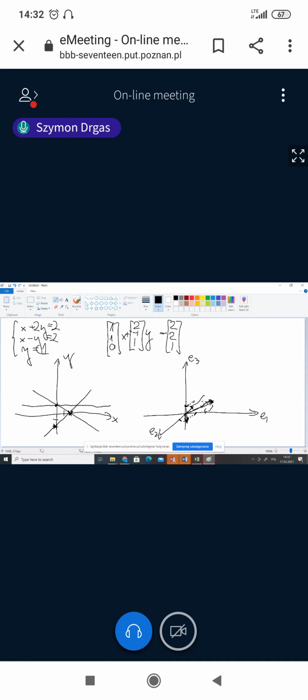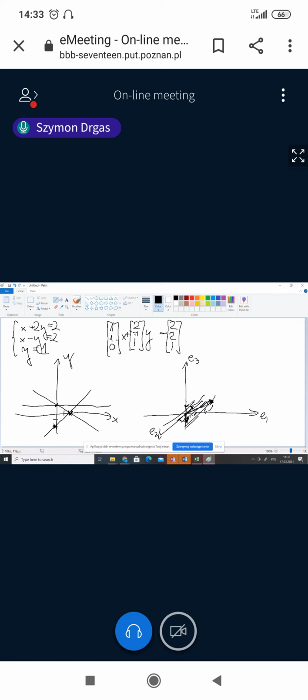All linear combinations of these two vectors cover a plane in this three-dimensional space. And this third vector, 2, 2, 1, is outside this plane. It is in this three-dimensional space, but outside this plane. So this is the case when we don't have a solution: there is no linear combination of these two vectors that will result in the third one.